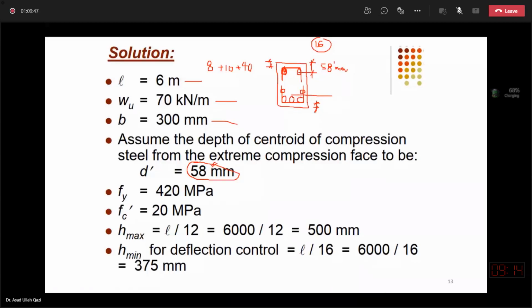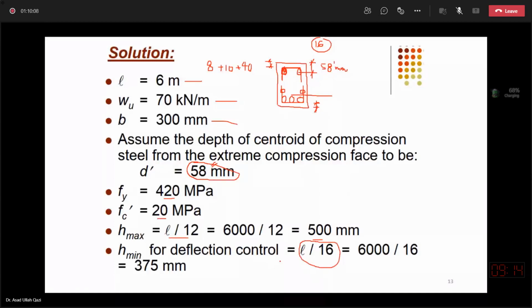Fy, Fc given; allowed by the architect is 500, span by 12, H max allowed. It is important to note that H minimum for the deflection criteria, which is a serviceability requirement that we can't violate, is span by 16.